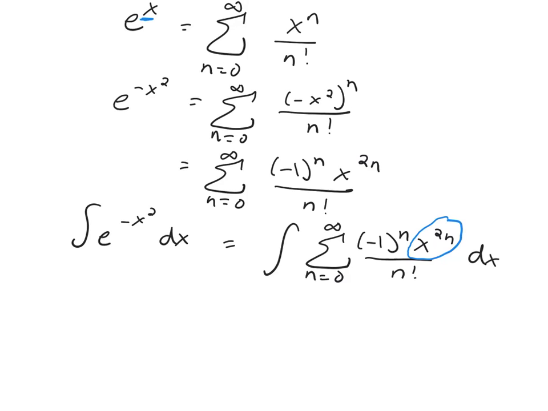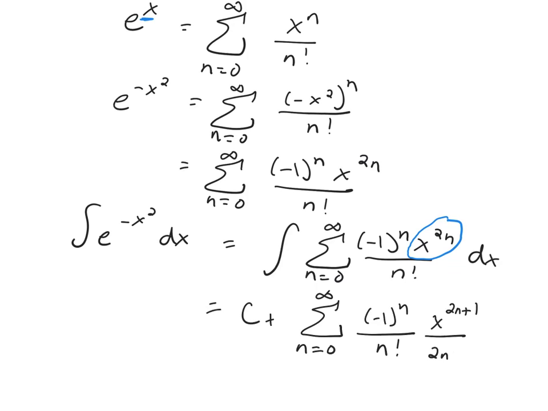So I'm getting plus c, every time you integrate an indefinite integral you get a c. The sum from n equals 0 to infinity, the rest just stays the same, n factorial. And then do the reverse power rule where you add 1 to the power, x to the 2n plus 1 over 2n plus 1.